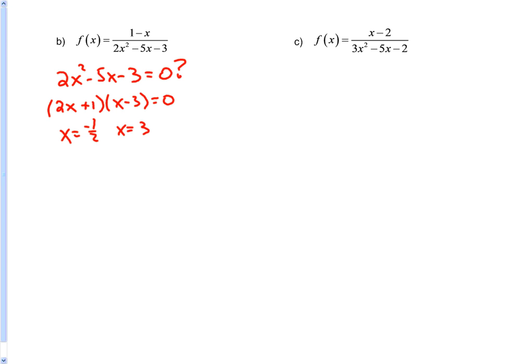So to establish vertical asymptotes at these particular x values, we need to look at the limit of the function. As x approaches 3 from the right, the limit as x approaches 3 from the left.